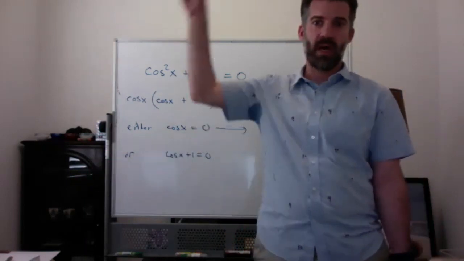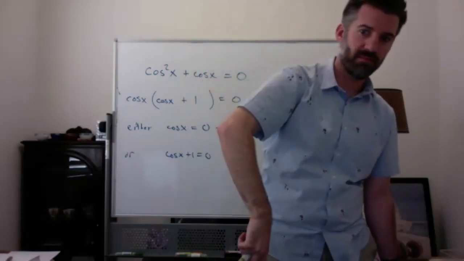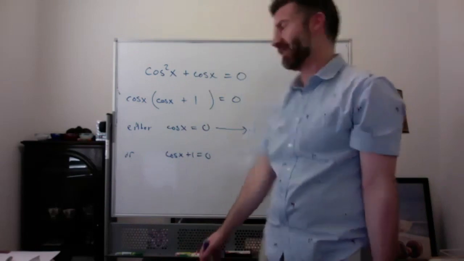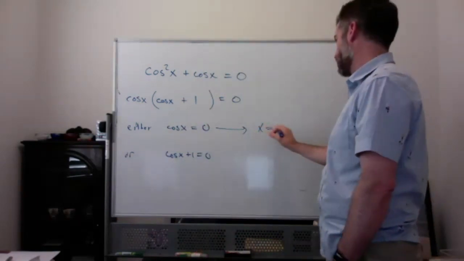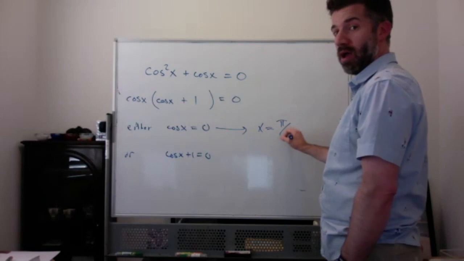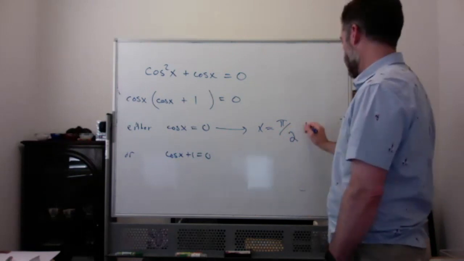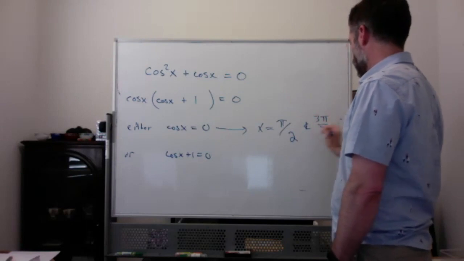Left, top, right, bottom. Top and bottom? Yeah, exactly. Which is x equal to pi over 2. And 3 pi over 2.